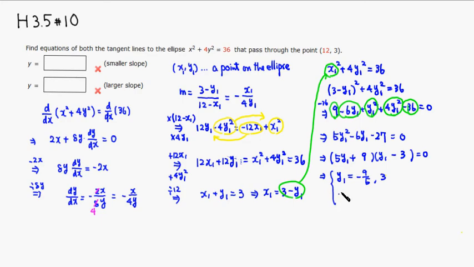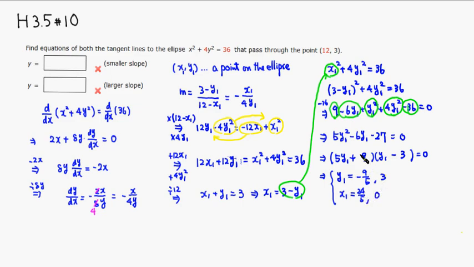So here the x1 value would be, if you plug in negative 9 over 5, you're going to get 3 plus 9 over 5, so 15 plus 9 is 24 over 5, and for the other, 3 minus 3 is actually 0. So we have now 2 points.